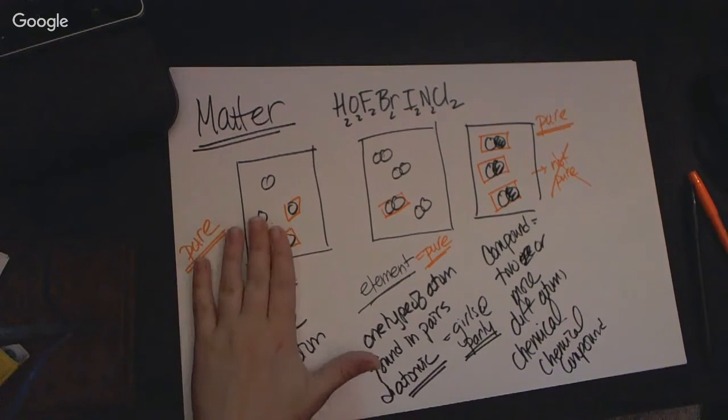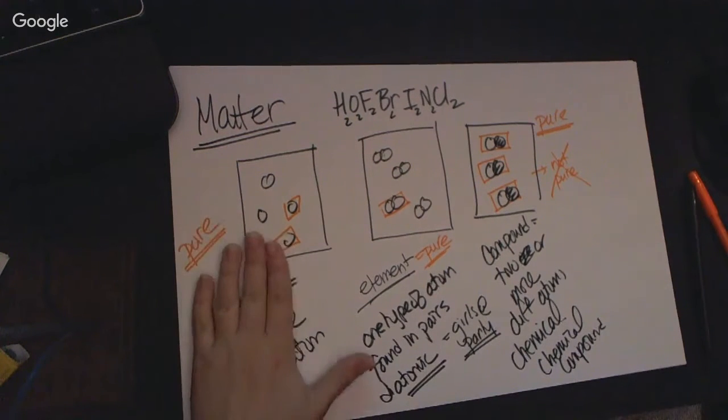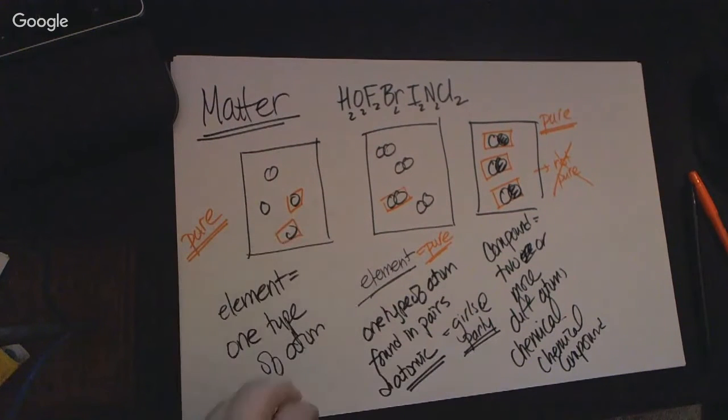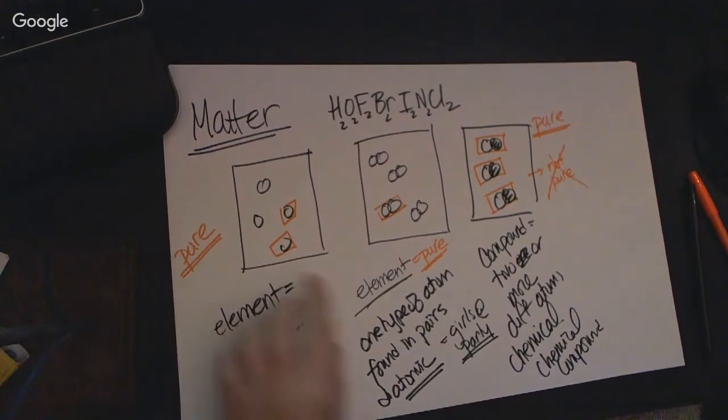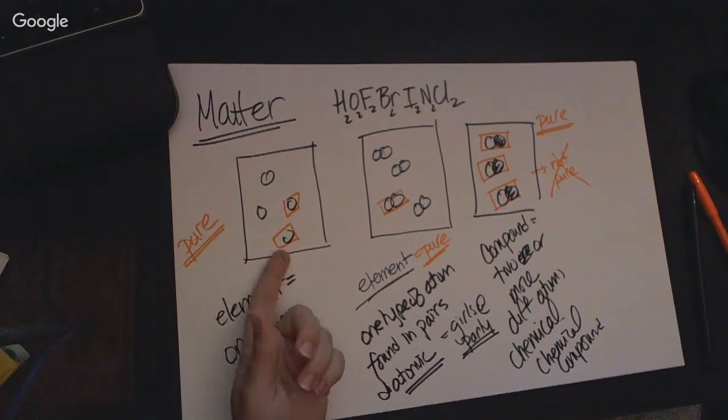Elements are pure. They are found in their elemental form. You cannot break down an element because this is the smallest thing that is out there that still has the identity of that element. Don't get me wrong, there's protons, neutrons, and electrons in here, but they are not going to still have that same identity as what you have in this particle diagram.